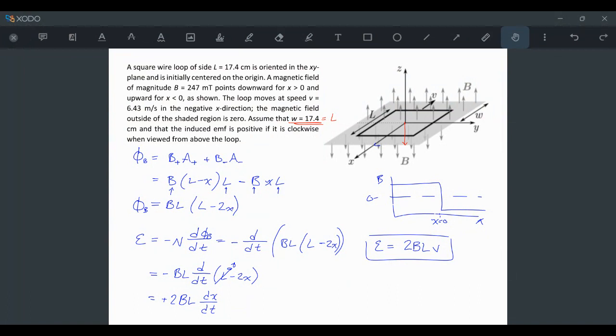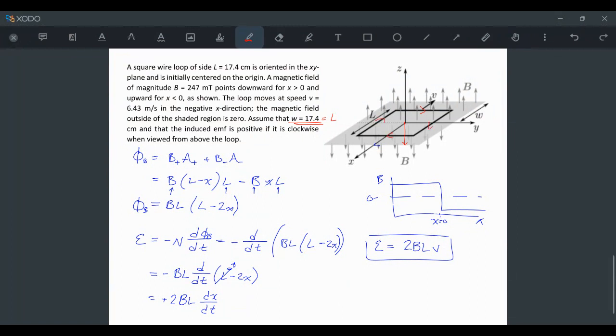What direction does the current have to flow for the resulting magnetic field to point downwards? Well, we just use the right-hand rule: point our thumb following the direction of the magnetic field. The direction that our fingers curl tells us which way the current will go. So your thumb should point downwards, your wrist will be turned upside down, and you'll find that your fingers circulate in a clockwise direction.